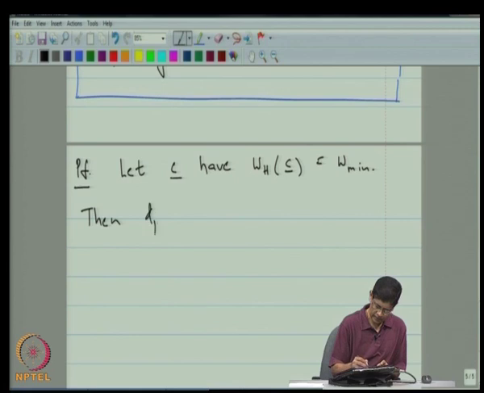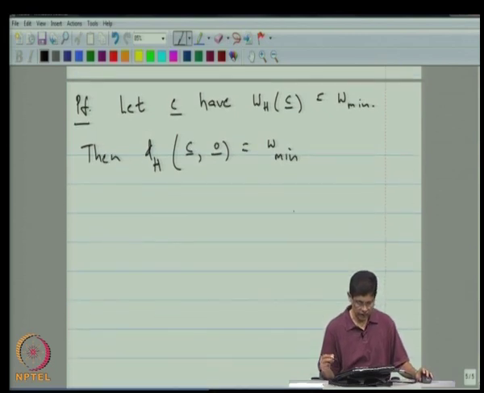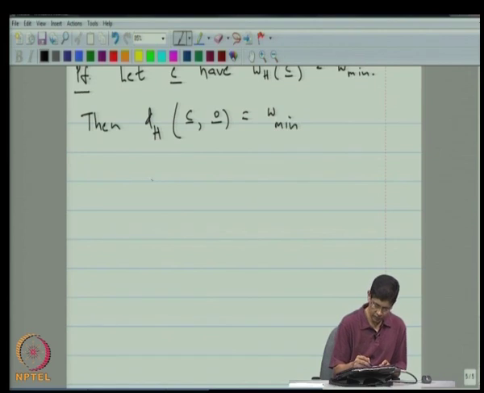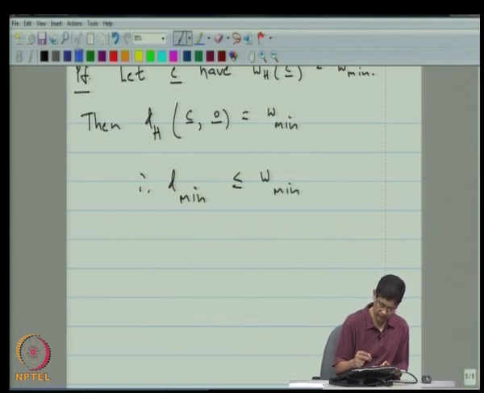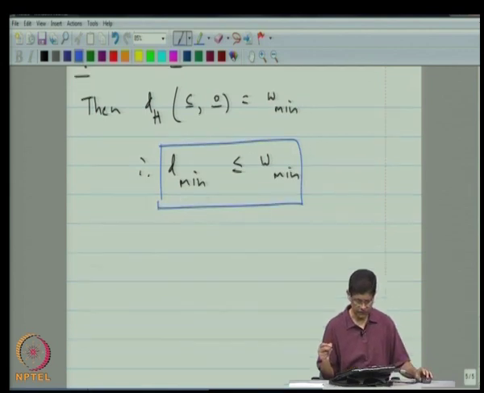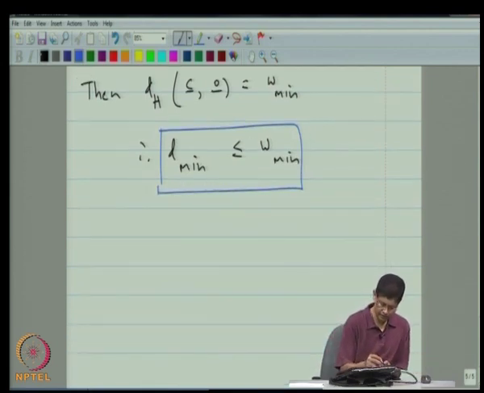Then that means that the Hamming distance between C and 0 is equal to W min, and so now we found a pair of code words whose distance is W min. So, it follows that the minimum distance of the code must be less than or equal to W min. That is the first observation.